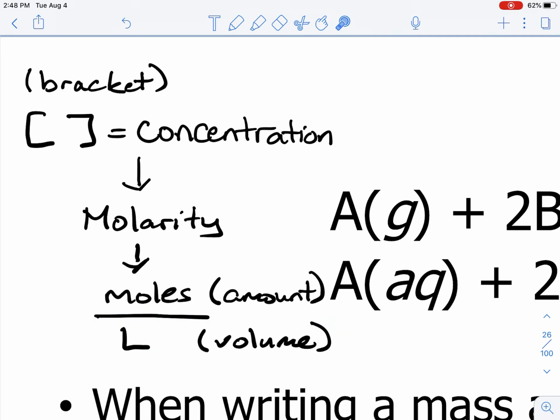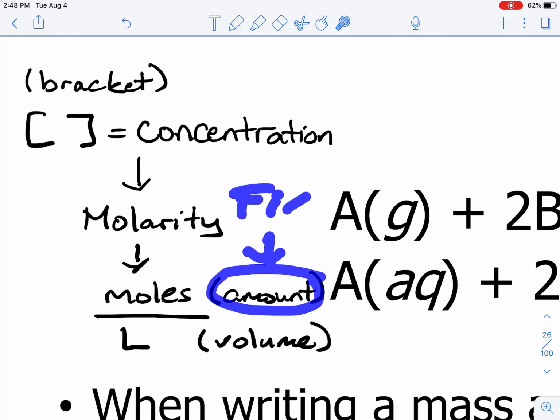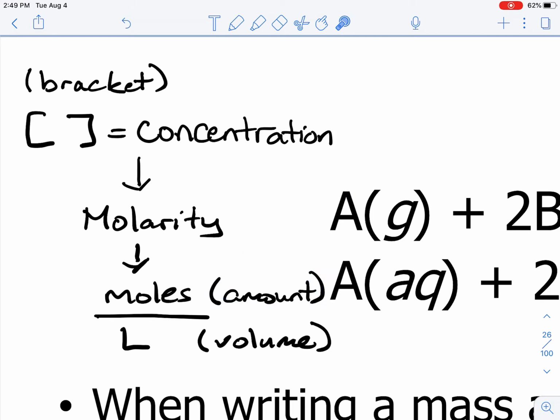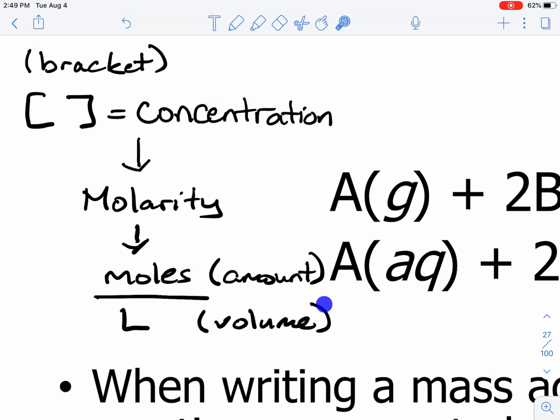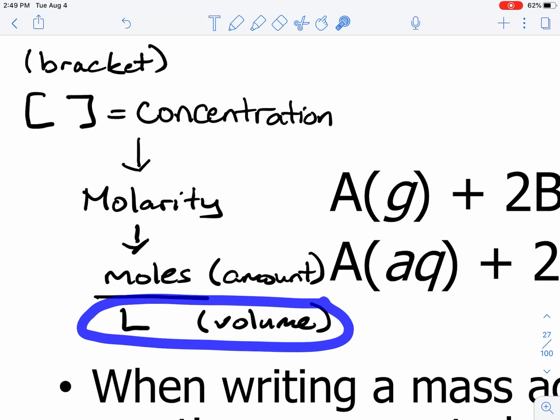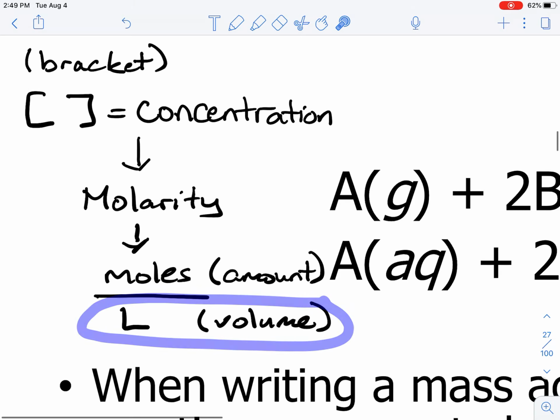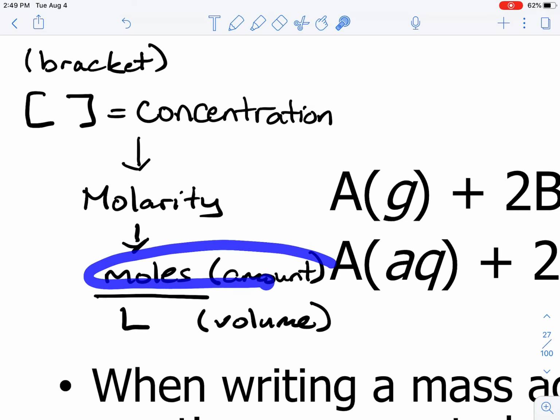If you think about this, if you have a fixed amount of substance, then that value is going to remain constant. It doesn't really change unless you add more of that same substance. However, volume can change, and it's independent from the amount.